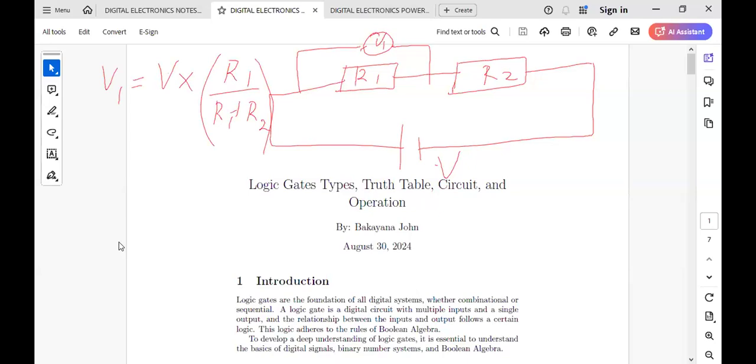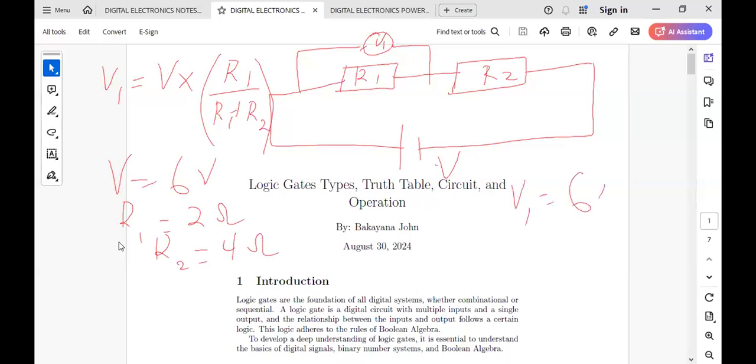So the formula is very simple, but I will not take us through the derivation. For now, you can simply state it that way. For example, if our V is 6 volts and R1 is 2 ohms and R2 is 4 ohms, what is going to be the voltage across R1?